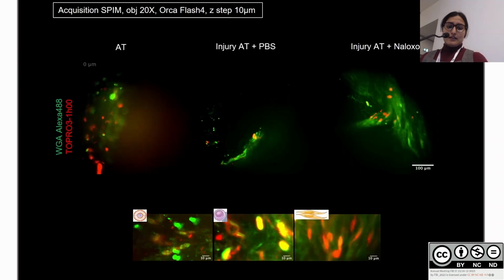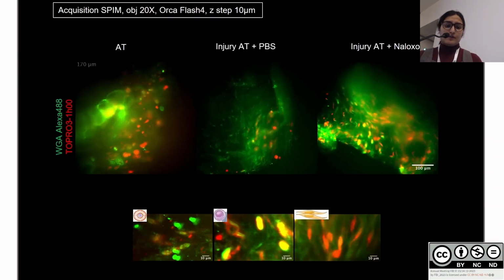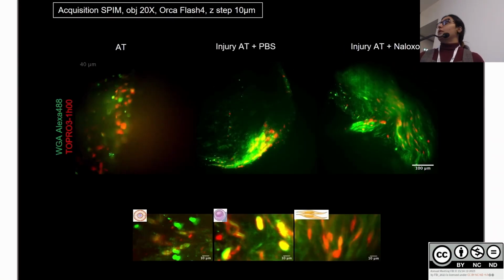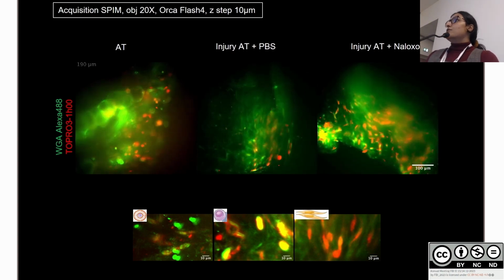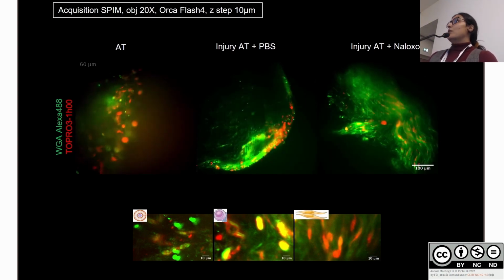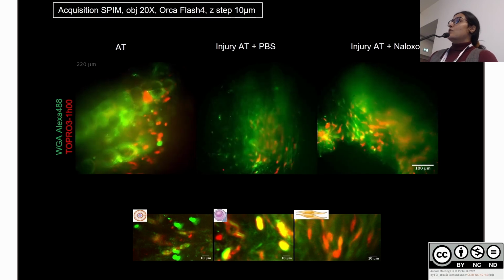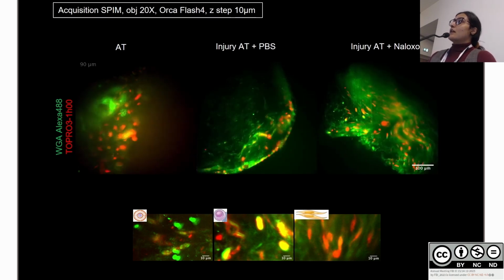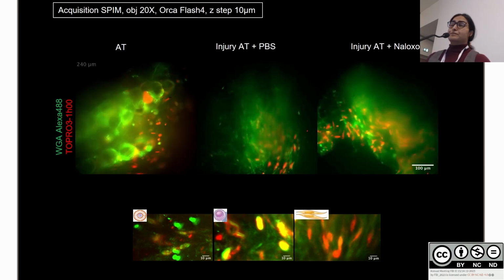And in the next slide, I'm going to show you. Okay. So when the tissue is treated with just PBS and when the tissue is treated with naloxone, you can see the difference in scarring and the difference with regeneration.